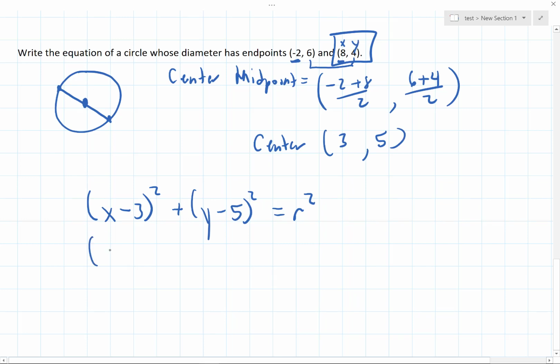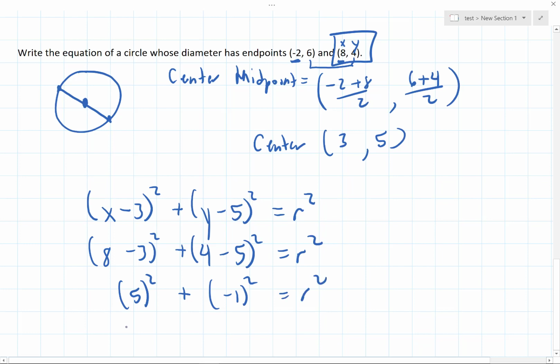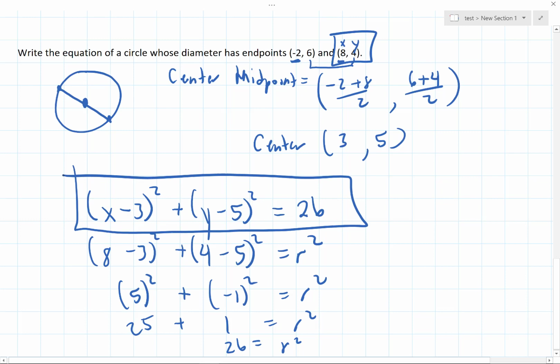So I'm going to substitute 8 for the x and 4 for the y, and that'll be r squared. So 25 plus 1 equals r squared. So 26 is r squared, so I'll just replace this r squared with 26, and that is the equation you've been looking for. Check.